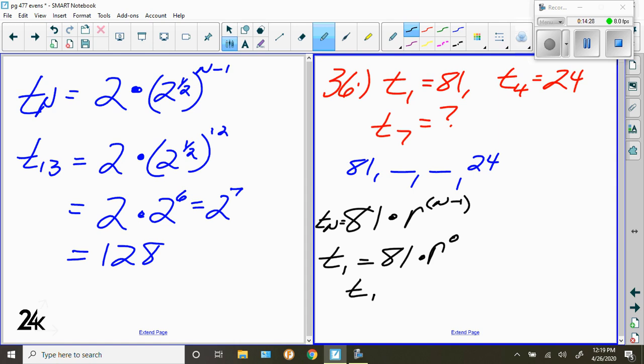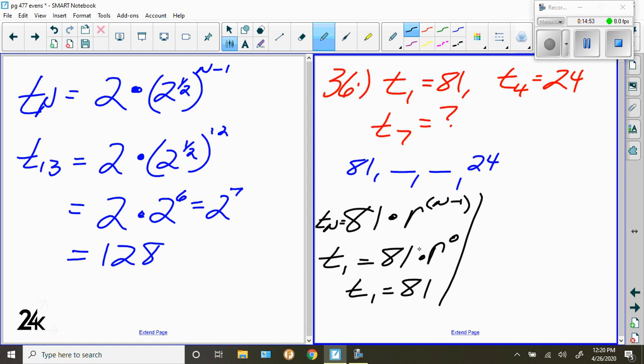Oh, so wait a second, the first term's 81. I already know that. What am I going to do with this one? Let's try the other equation. What do we have to find on this one? Oh, find the 7th term.